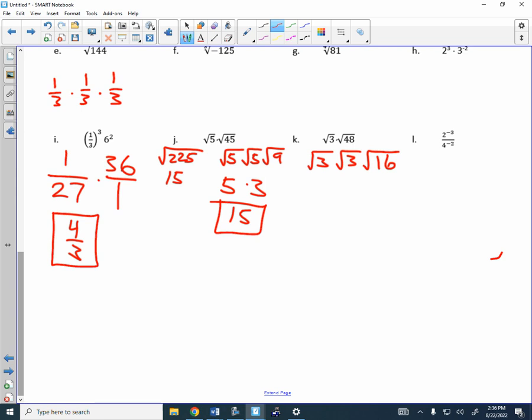And so the root of 3 times the root of 3 is 3. And then the root of 16 is 4. So I get 12. We good?